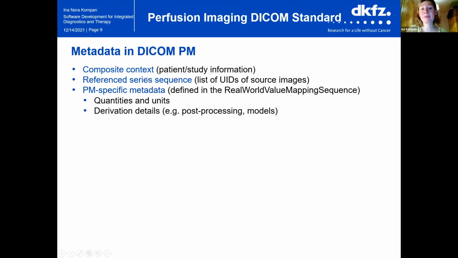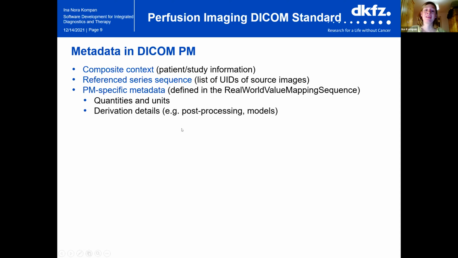The reference series sequence can be used to reference the source data, by providing a list of UIDs of the source images. Parametric map specific metadata are defined in a so-called real-world value mapping sequence. So this sequence holds a place to store quantities and units, but also derivation details, for example, which post-processing methods were applied or which models have been fitted to the data.